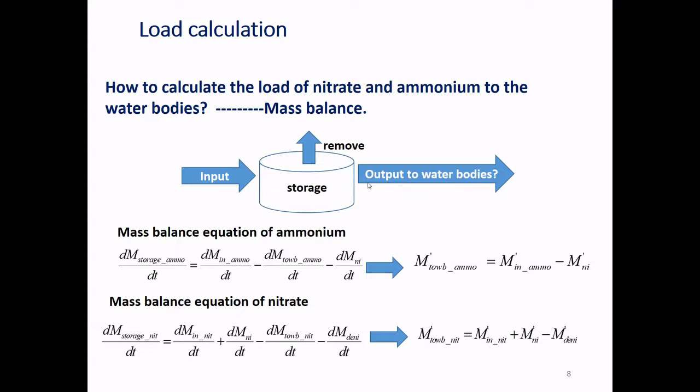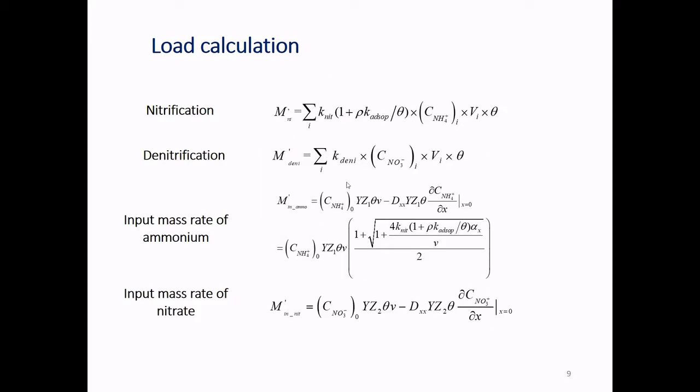And then you have the output to water body of ammonium and nitrate, right? So you just do the mass balance, and then you have this load calculation. So this is amount of nitrification, this is amount of denitrification, and this is input, and this is input. So the difference between input and the nitrification and denitrification will give us a load to surface water body.